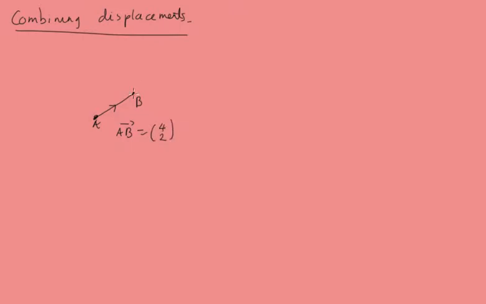And then we have displacement over here. And this is point C. And BC is equal to 3, 7. Now we want to find out what the resultant overall displacement is here, so AC. So AC is called the resultant vector.